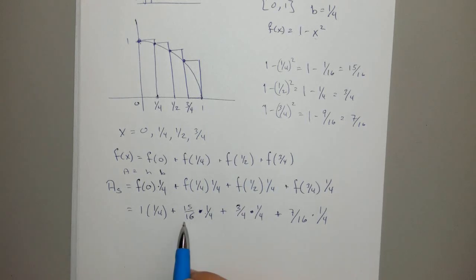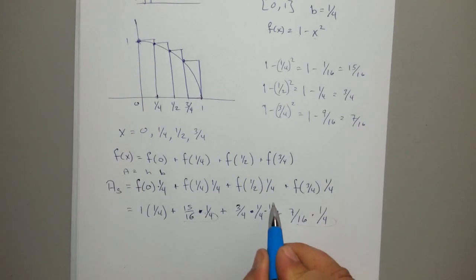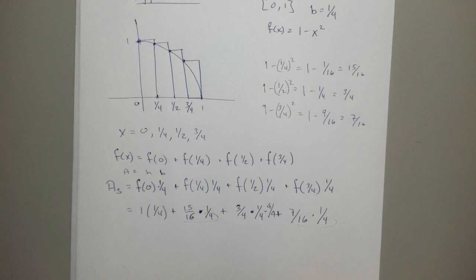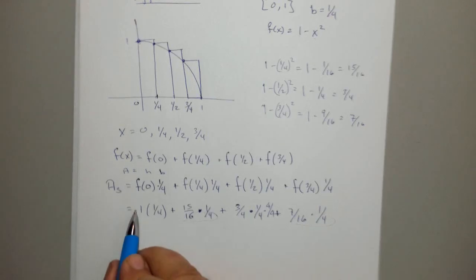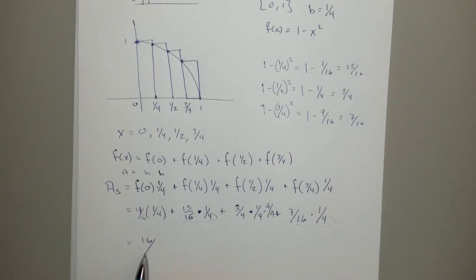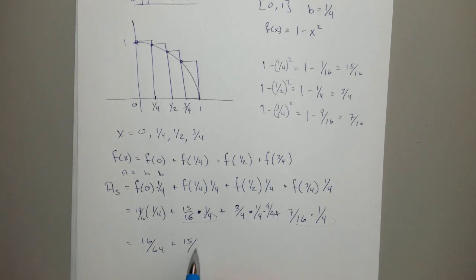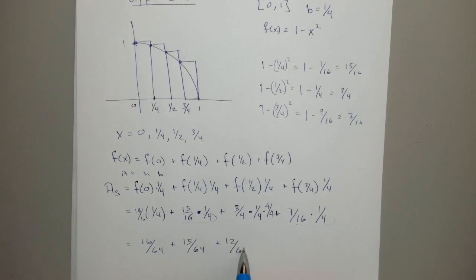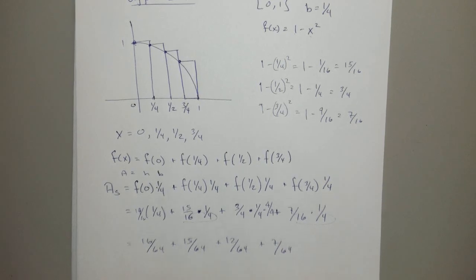We have to have a common denominator, which is going to be 64. So this one needs another 4/4. This one needs a 16/16. 16/64, 15/64, 12/64, 7/64.